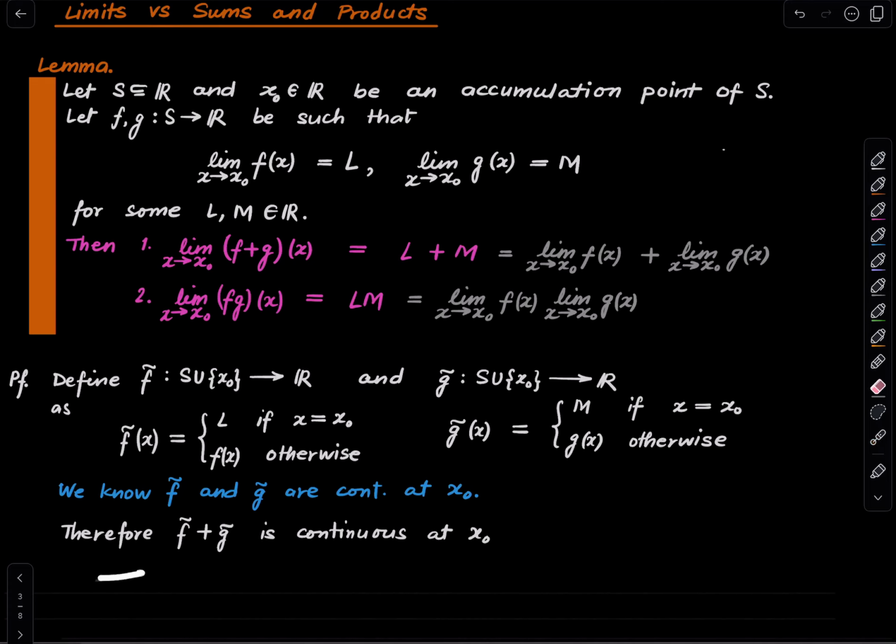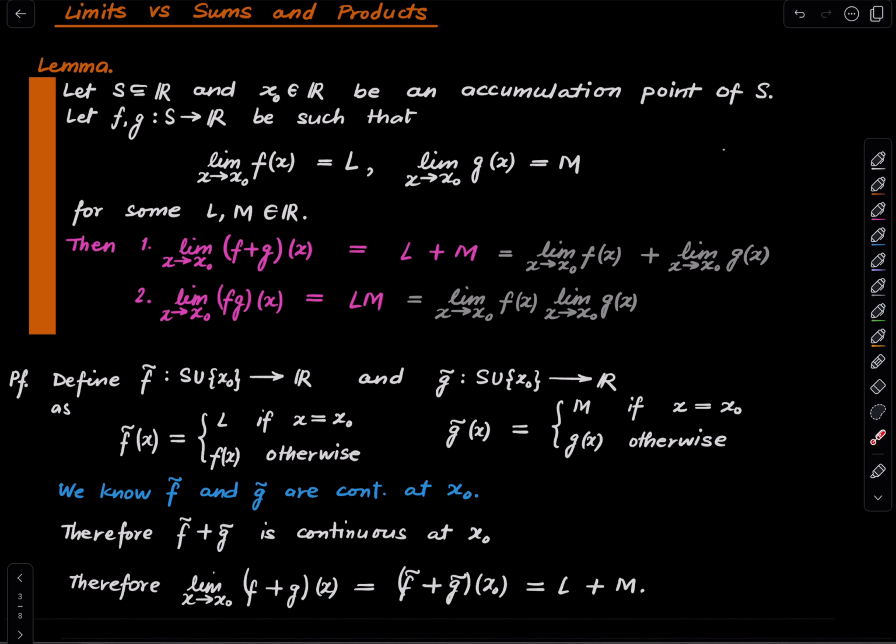So from here it follows, since f tilde plus g tilde is continuous at an accumulation point of the domain of f plus g, the limit of f plus g as x approaches x0 is the value that this takes at the point x0. Therefore, this limit is the value of f tilde plus g tilde at x0, which is L plus m.